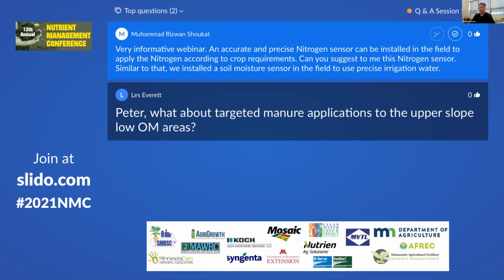It's a good idea, but it depends on your application methods, because most of the time, if you look at lowering nitrogen load or pollution, yes, multiple applications, split application and targeted application would be appropriate. But I don't know how that comes back on the ROI side, whether going out two or three times, or doing these targeted applications during the season in a smaller portion of the field, may not be feasible at the moment.